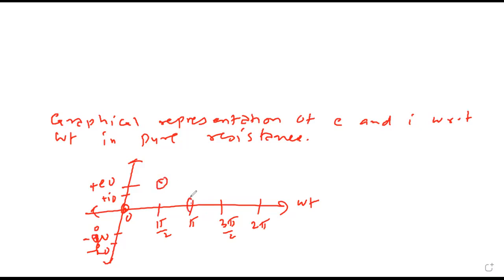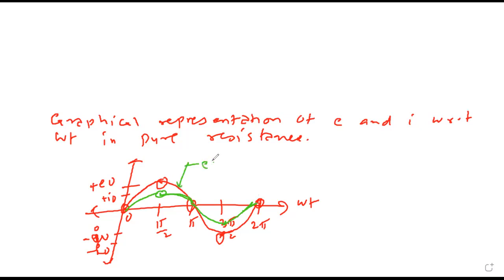Maximum, 0, negative, back to 0. This is the graphical representation of EMF and current. Then for current: 0, maximum, again 0, negative, back to 0.